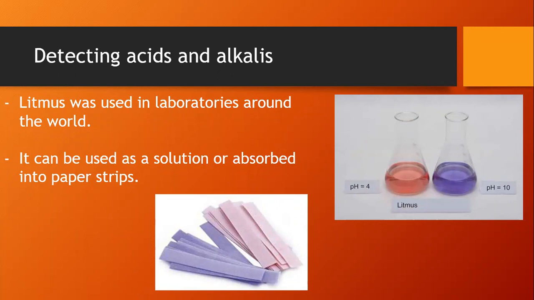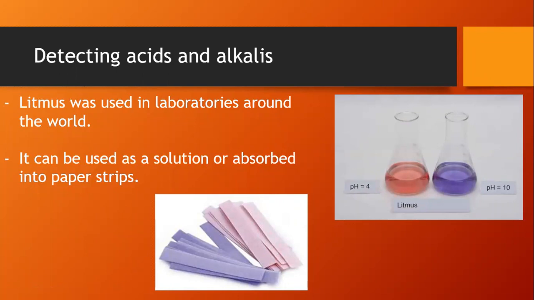So we're talking about only the blue litmus paper. When you add an acid to it, it will turn red. But if you add an alkali to it, it will remain the same. It will not change its color. On the other hand, they found that if you add an alkali to the red litmus paper, it will turn blue. But if you add an acid to it, it will remain the same.